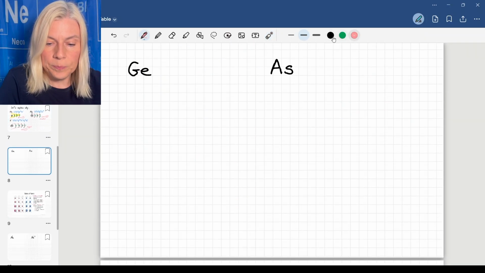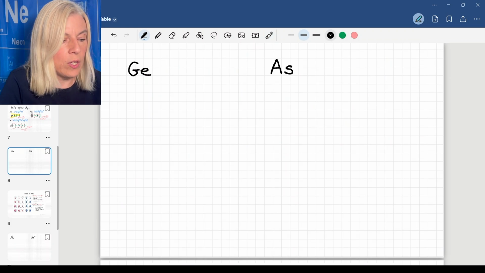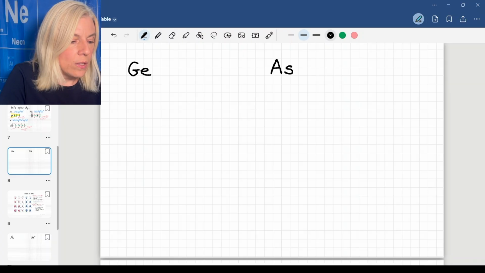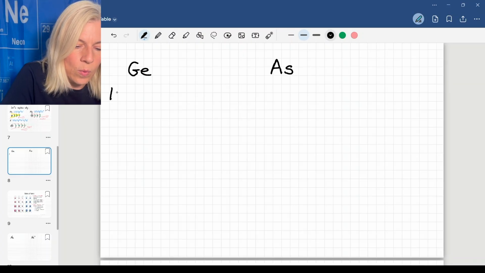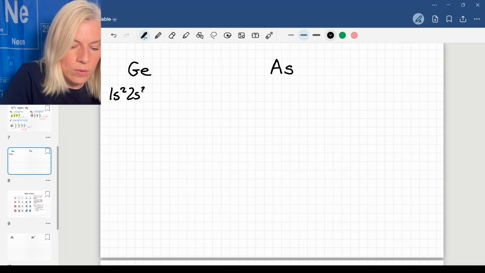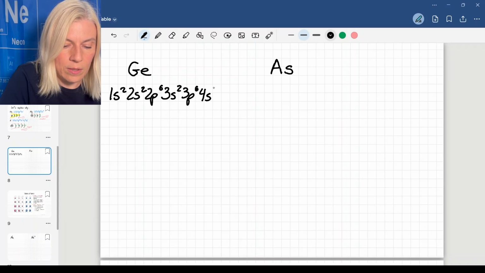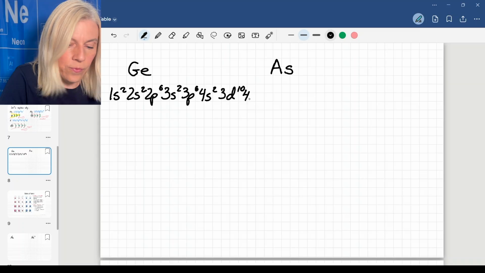Let's do that. We write our electron configuration for germanium, and I'm going to do the long way. Why not? Quick review. So we're going to do our 1s2, 2s2, 2p6, 3s2, 3p6, 4s2, 3d10, and 4p2.